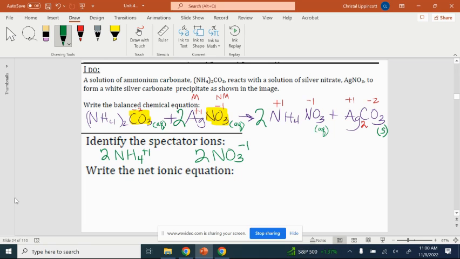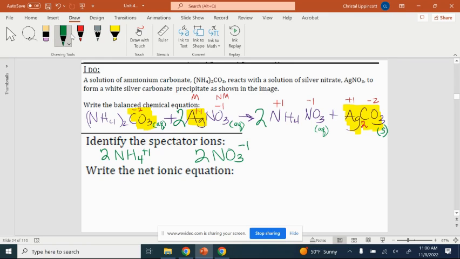Now, what's participating in the game? Then we look and we see, okay, what is taking place here in the game? Well, my silver is becoming a solid, and my CO3 is becoming part of that solid. So that's what I'm going to write down here as my overall equation.